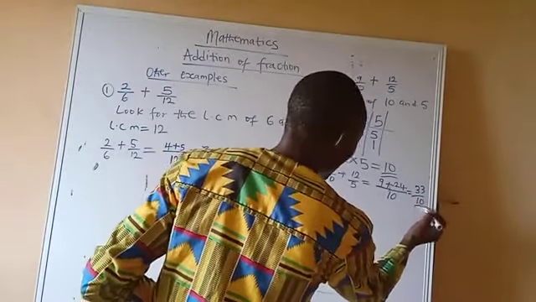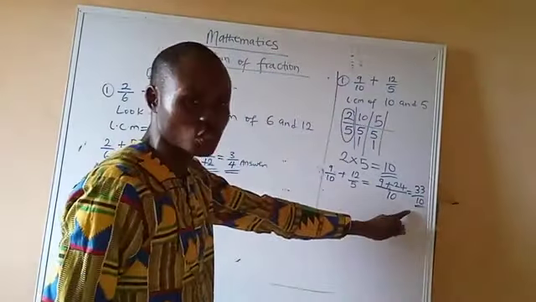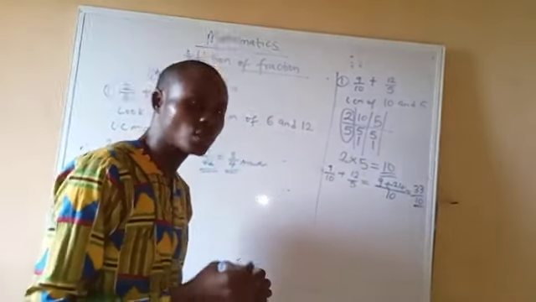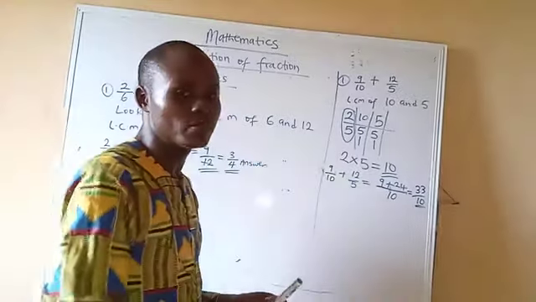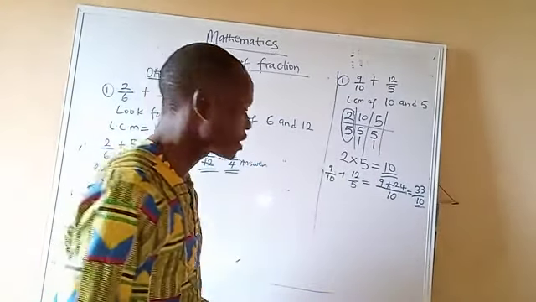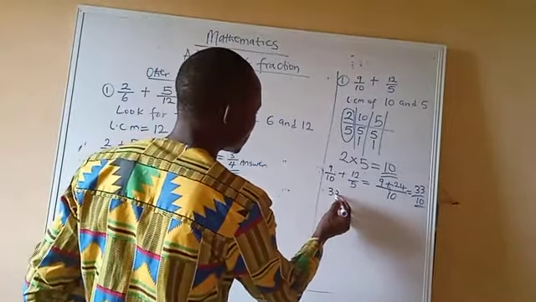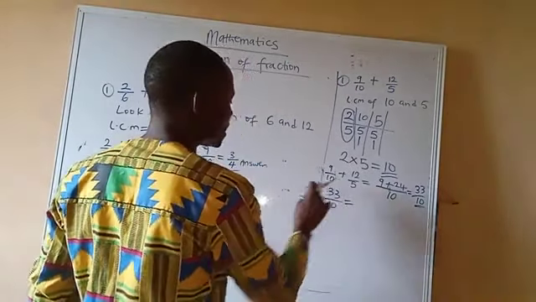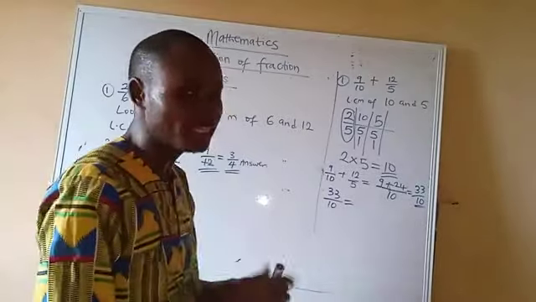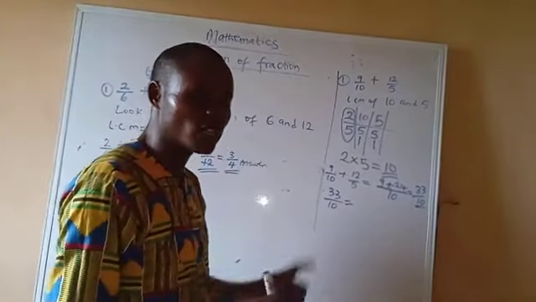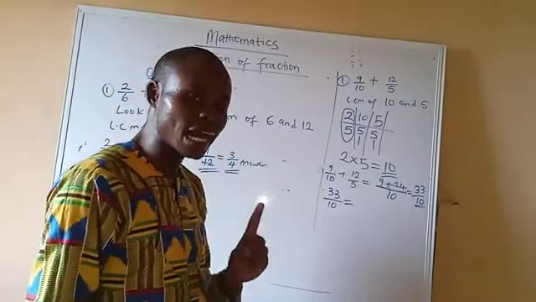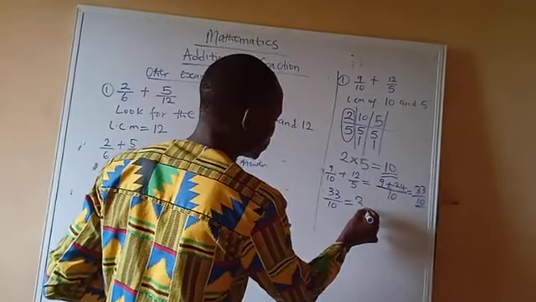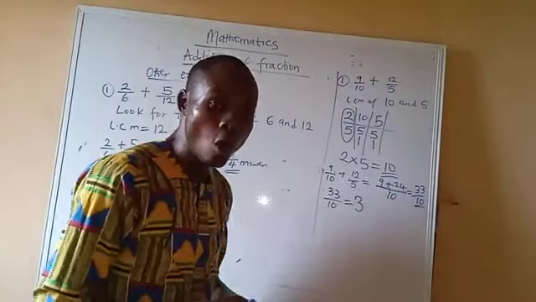This is supposed to be your answer, but because it's an improper fraction, which I told you, you don't leave your answers in improper fraction. Instead, you bring it to mixed fraction. So when I say 33 over 10, 10 going into 33, it will give us 3 remainder 3. That 3 that you get becomes your whole number.